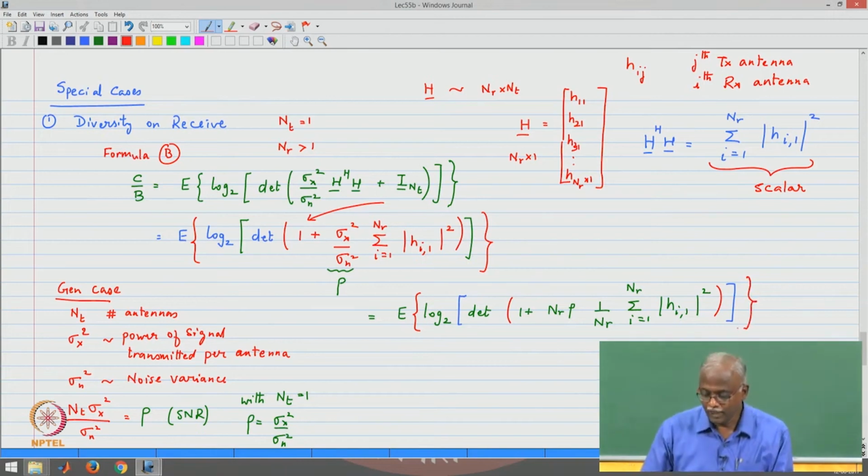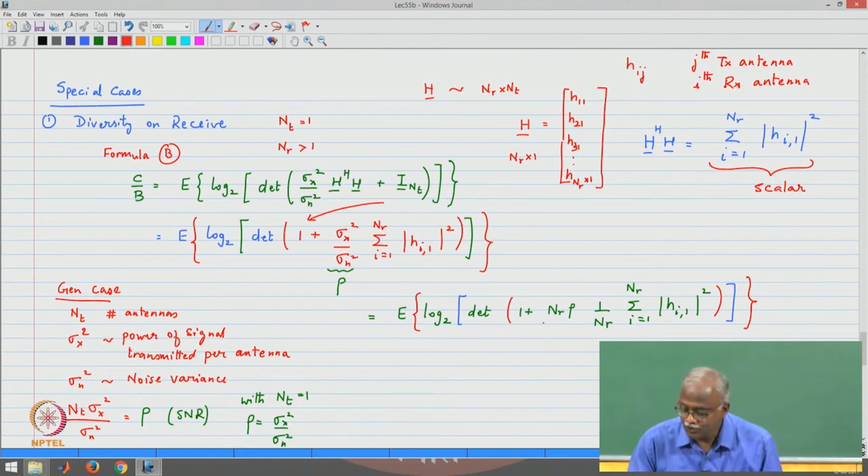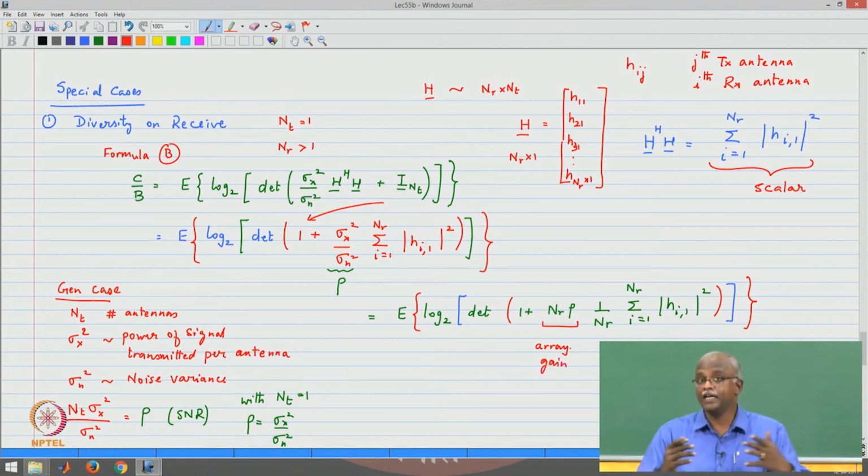Okay. So, what we have done is basically written this expression in terms of rho, and we have also introduced the NR and 1 by NR, and it is for a very specific purpose, because NR times rho, the SNR of one antenna multiplied by NR, tells me that this is the array gain. Array gain tells you that when I have NR receive antennas, it is like boosting my effective SNR by a factor of NR.